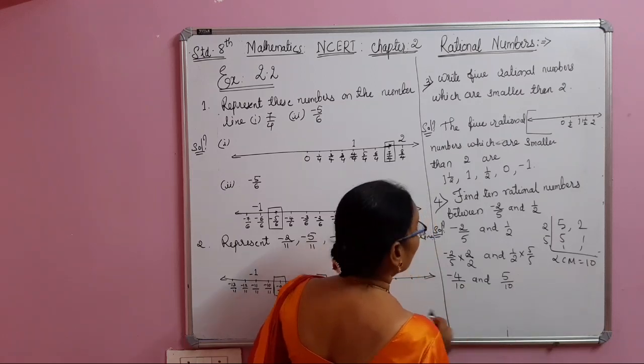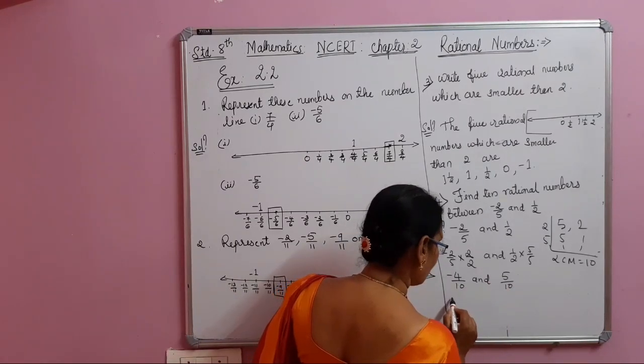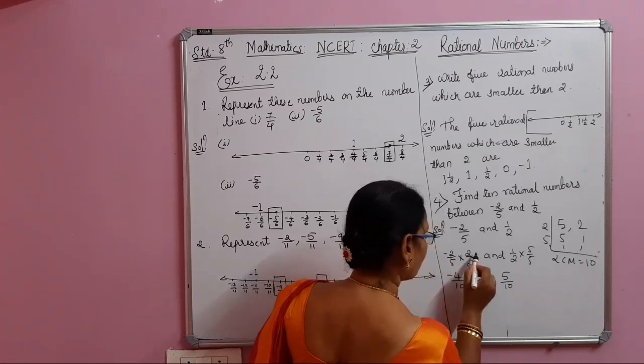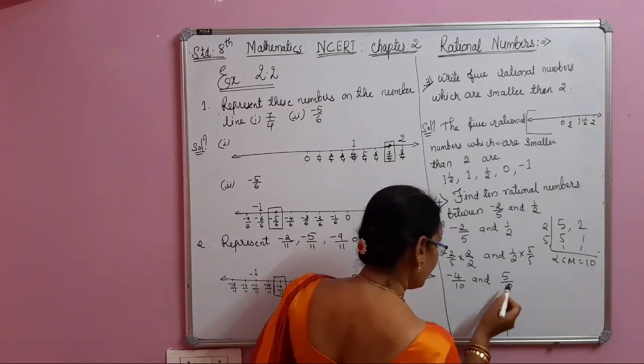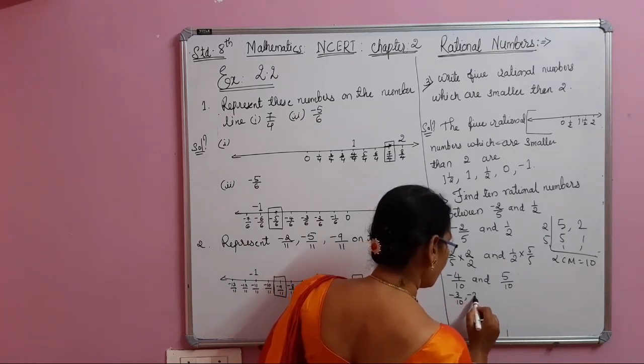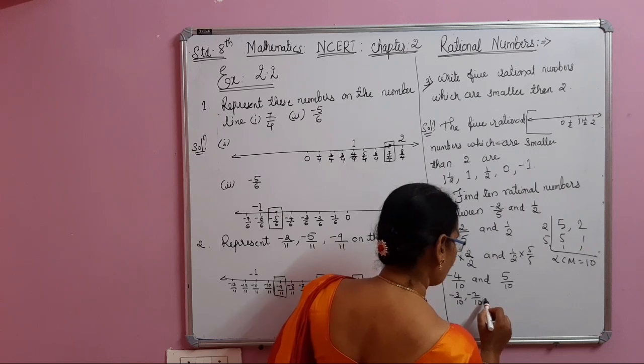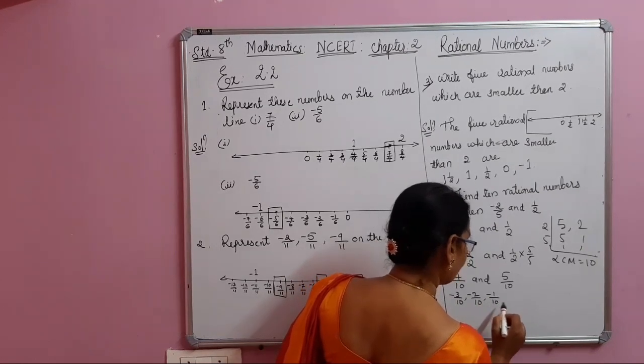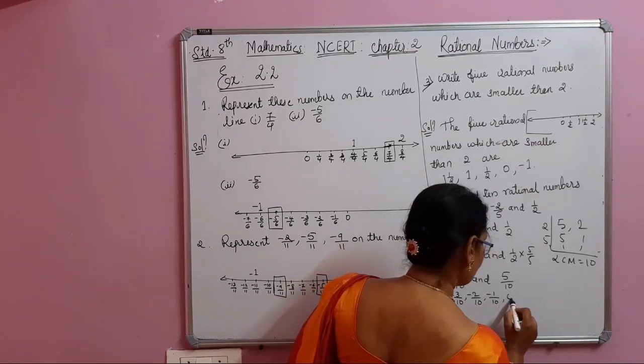Then now we can write 10 rational numbers. Which are those? Minus 4 by 10 is the first one. The next ones are minus 3 by 10, minus 2 by 10, minus 1 by 10, 0.